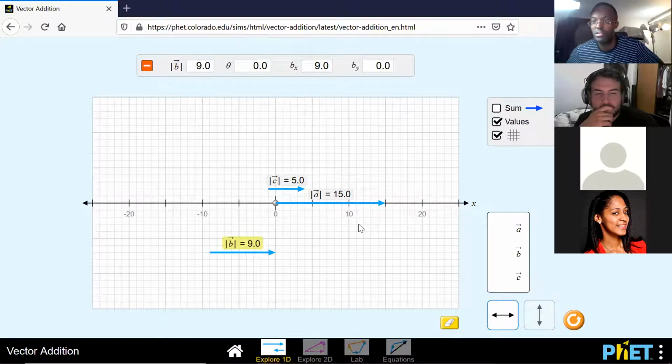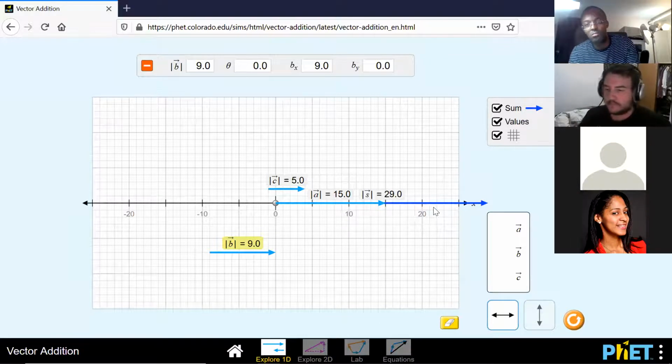And in this particular problem, what will the sum be? 14 plus 15, 29. That's absolutely correct. And now we can check using sum, and it tells us that's 29.